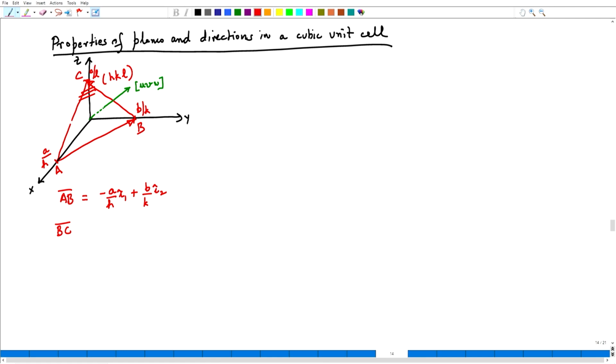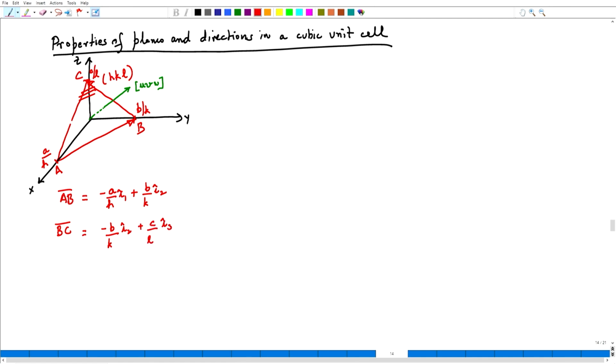Similarly, the vector BC can be written as minus b by k times the unit vector I2 plus c by l times the unit vector I3.